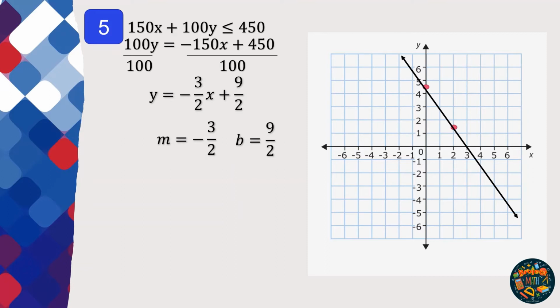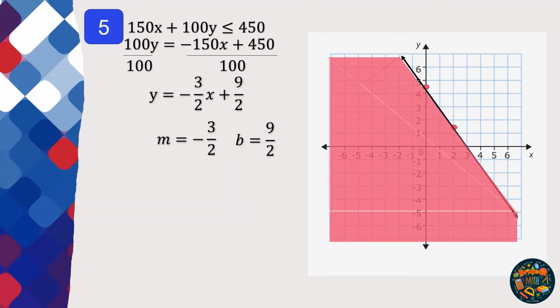So 0 is less than 450, and that is correct. So, meaning that we are going to shade the portion where (0, 0) belongs. And that is our region.